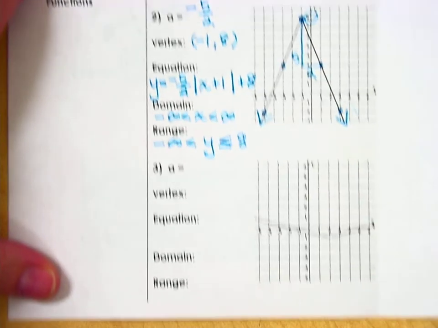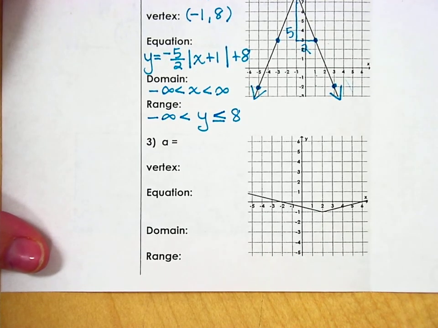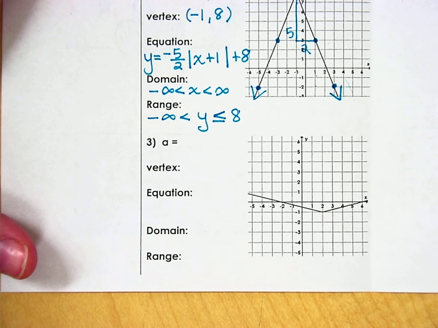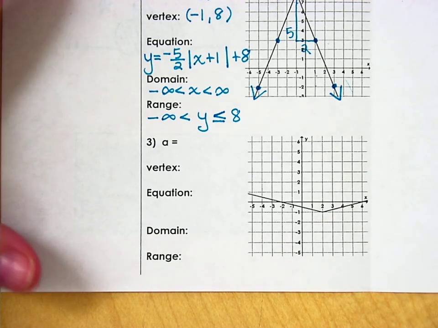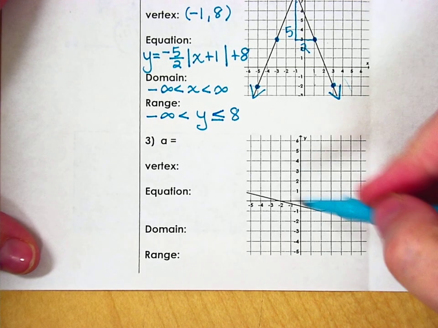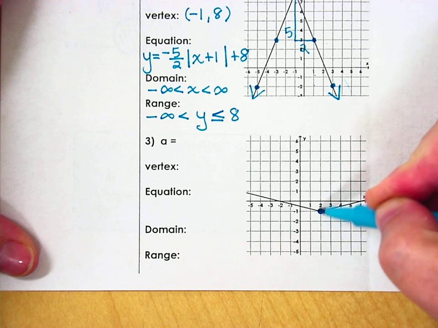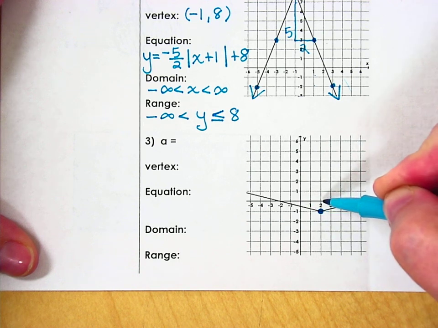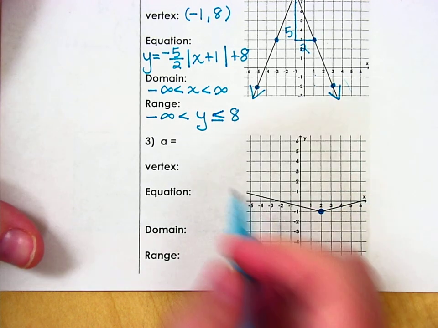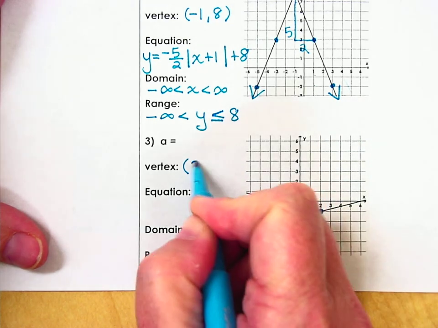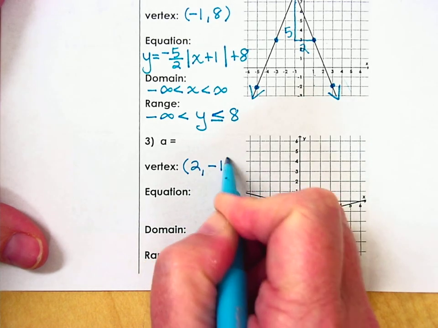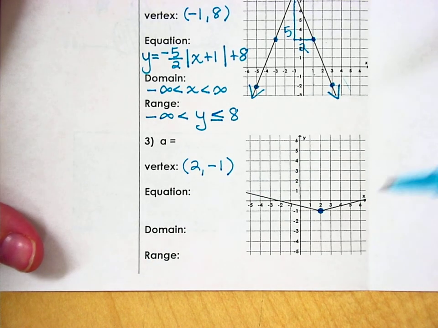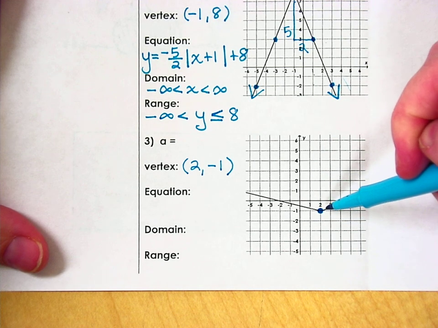Okay, last example that we can do together. So again, looking at this, how do we write these equations? So I'm first going to start by finding the vertex point. So that's (+2, -1). And then again, we're going to count this A value. So it's a rise over run.